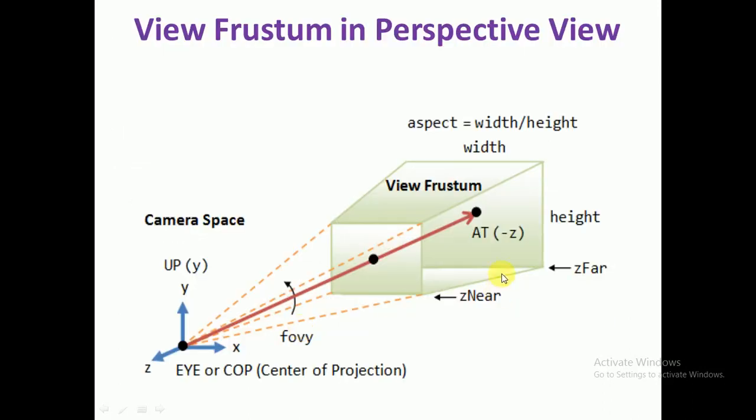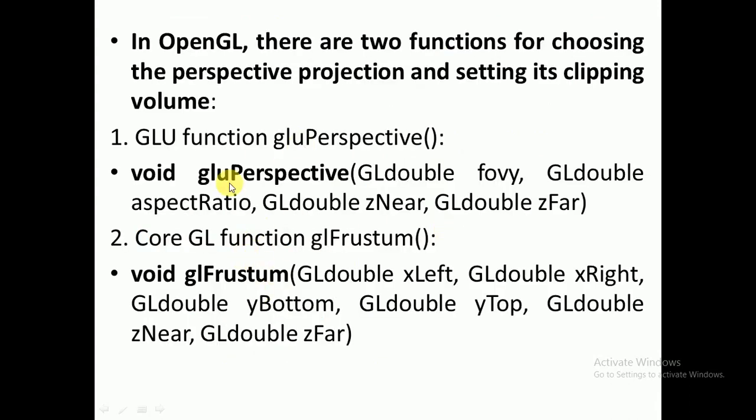Here we are setting the values for this frustum. That's why there are two APIs available in OpenGL. Any API you can use to set the perspective projection, and these are from different libraries.